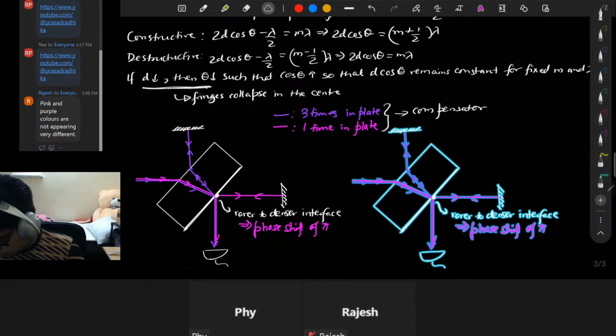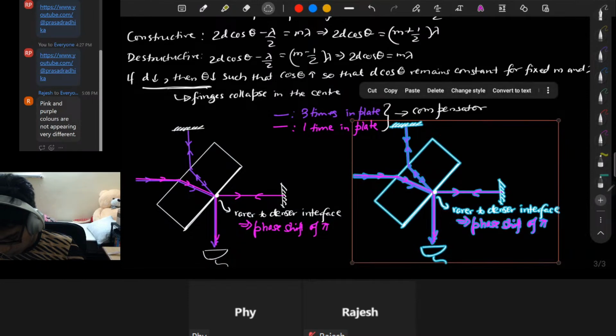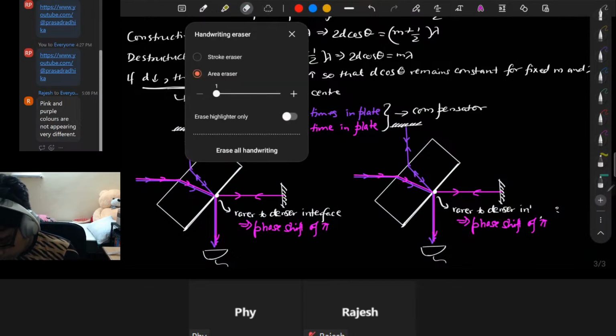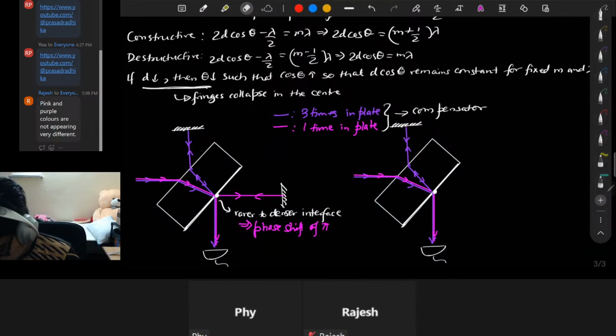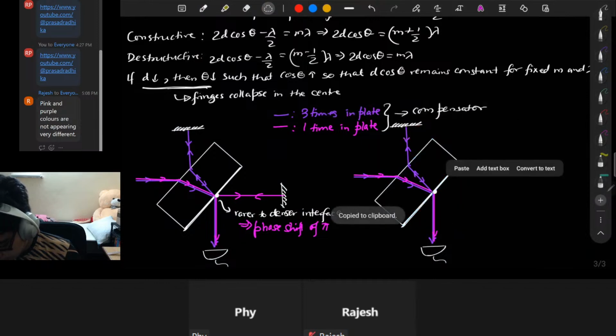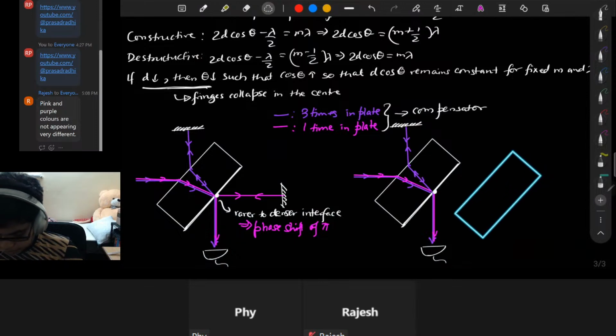So now I will make use of the compensator. So what the compensator is, let me add it. The compensator is just another material of same refractive index as the beam splitter and same thickness.